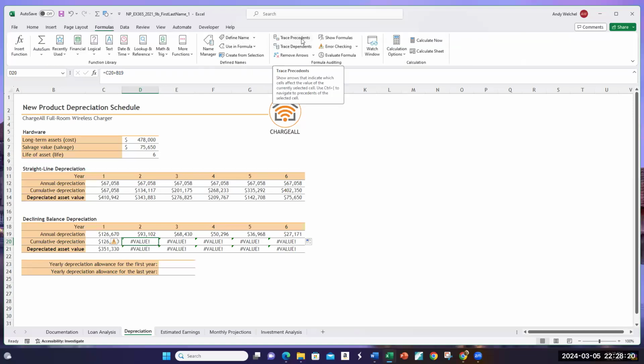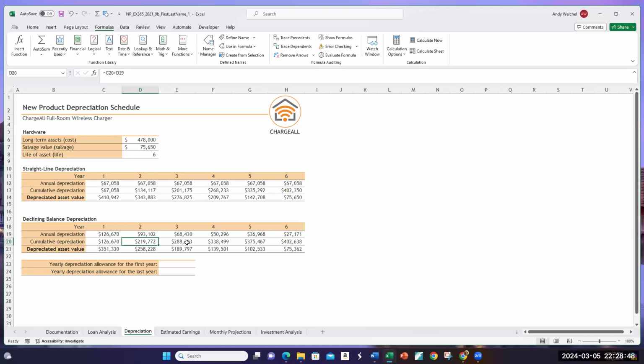Trace precedence. This means where it comes from. Okay, all these arrows. I don't like all those arrows. Just double click on it. You can tell right away that it's taking last year's cumulative depreciation, correct, plus a word. Well, that's not going to work. So it should be that. So drag it over or just change it to D19.